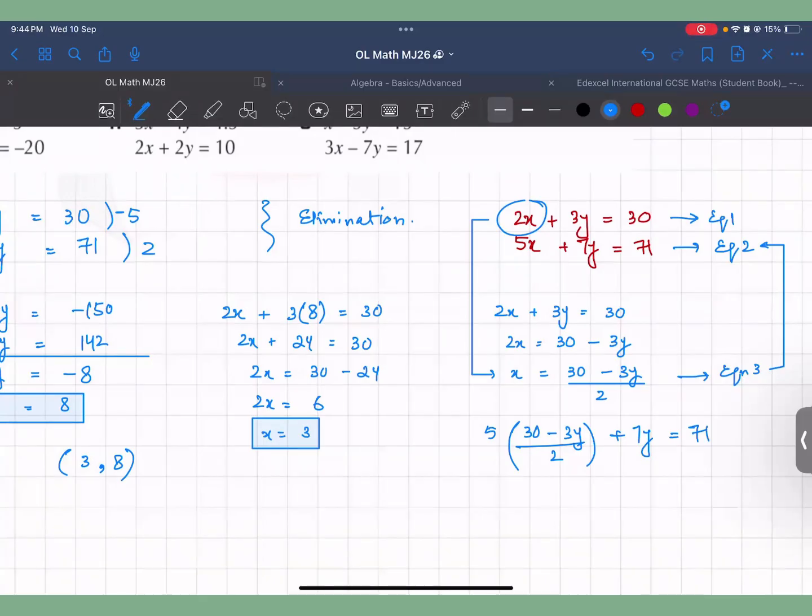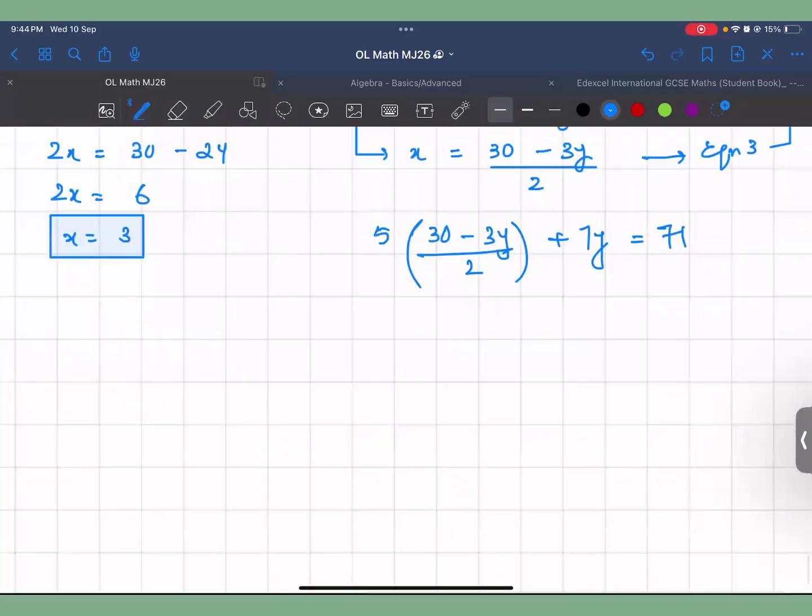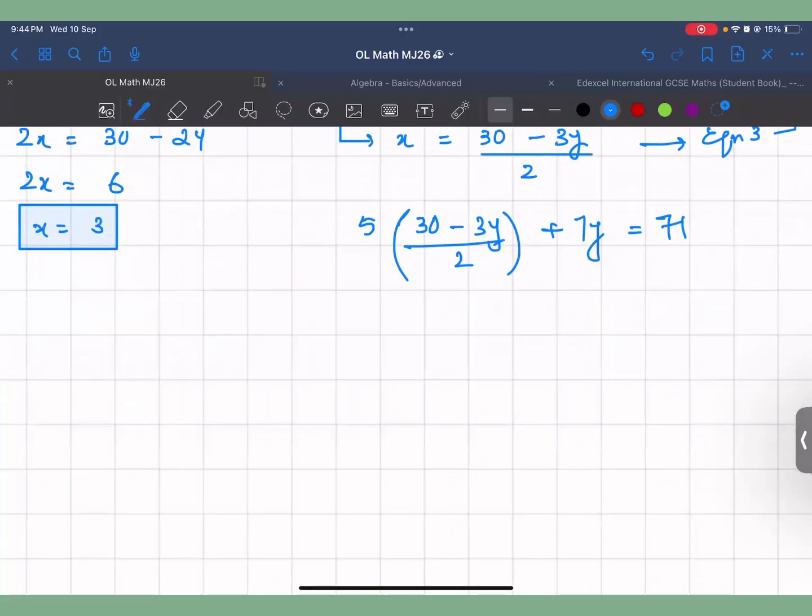And now it's just algebra. Taking LCM, multiplying, moving things around. So how would you do it? First you can expand the bracket. This would become 150 minus 15y upon 2 plus 7y is equal to 71. Now you can take the LCM. If I have 1 over here, multiply by 2.